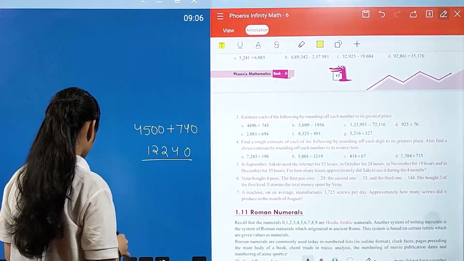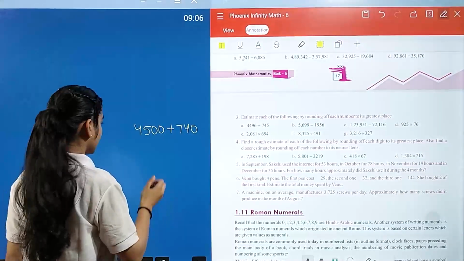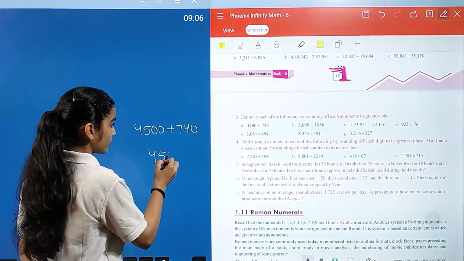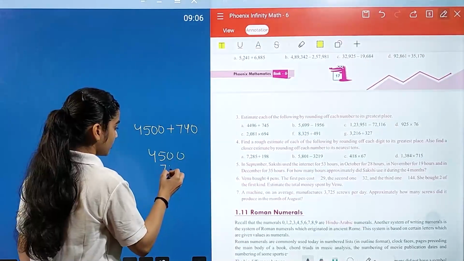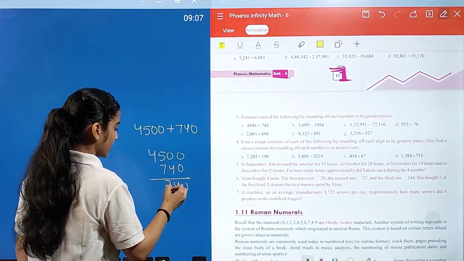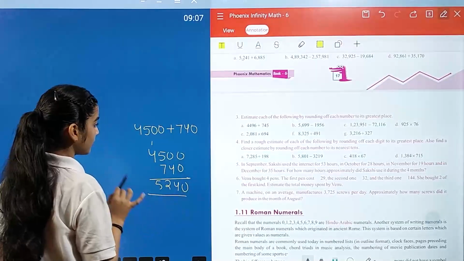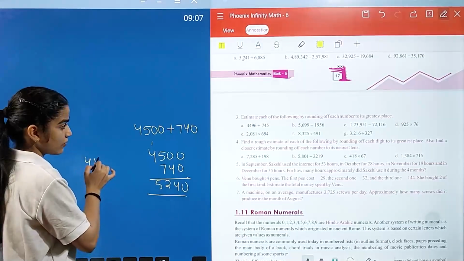No, how is it possible? Now we have to add them together. So 4,500 plus 740, 5,240 is your answer. First we do the actual calculation for it.